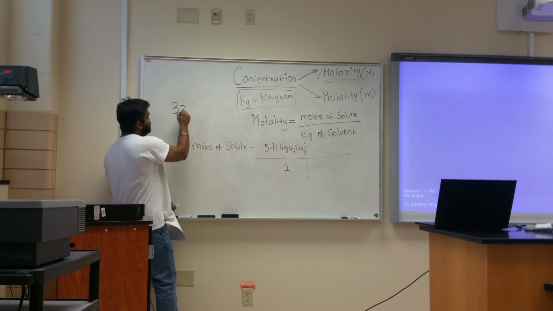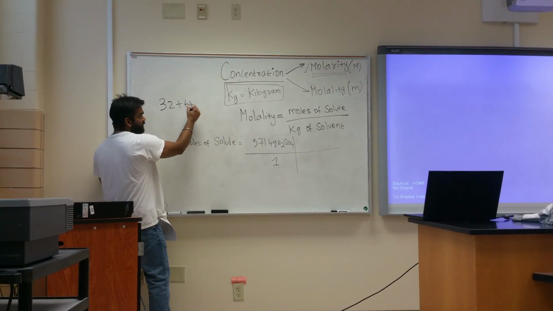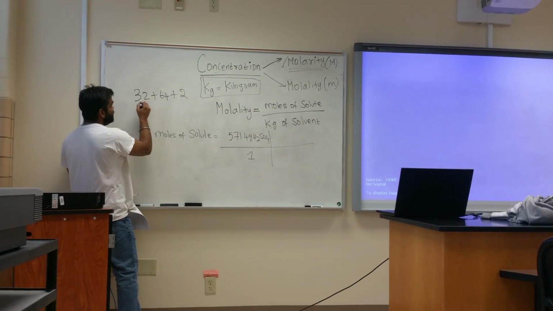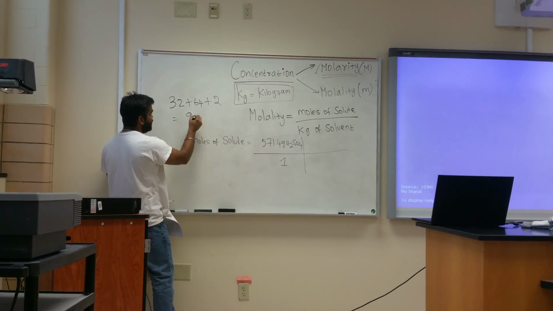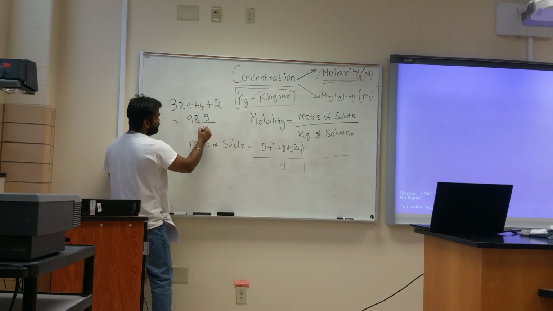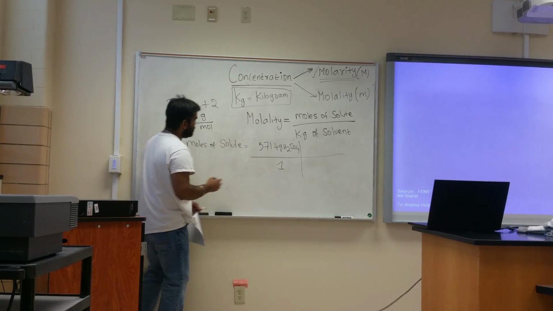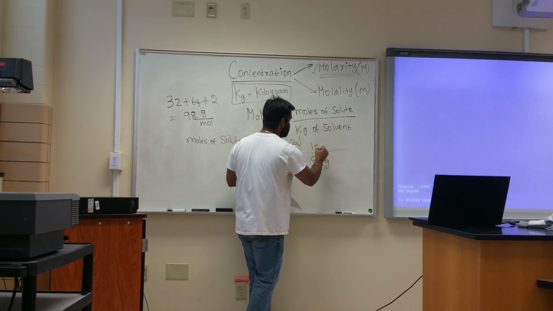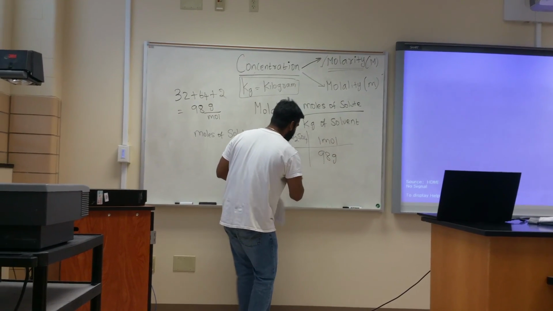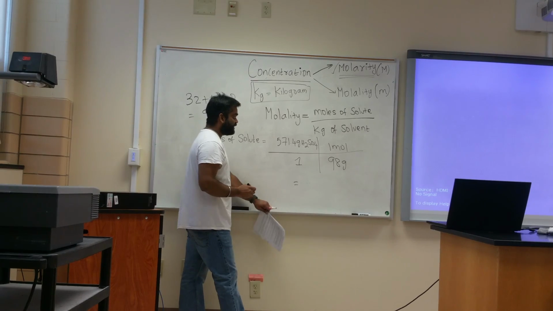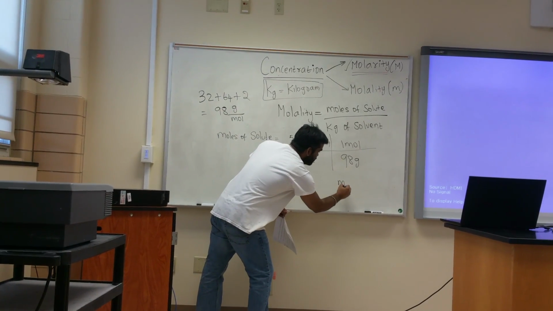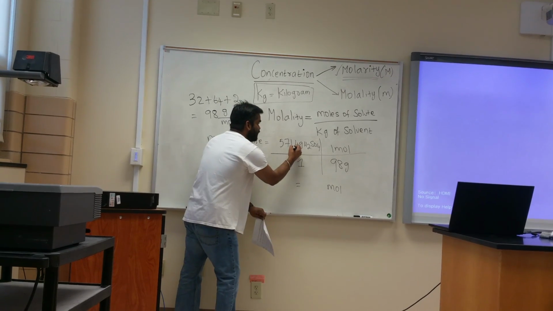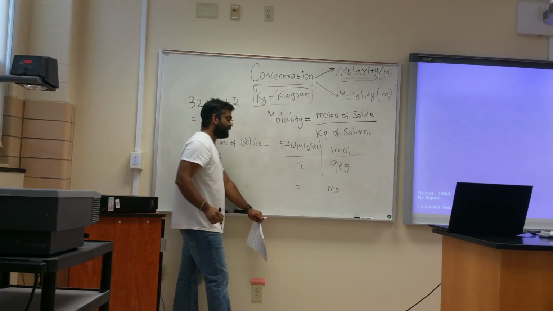Sulfur is 32, 4 oxygen is 64, and 2 hydrogen is 2. So that's 98 grams. This part is exactly the same as the last problem. So can anyone give me what the mole value is? 571.4 grams divided by 98.